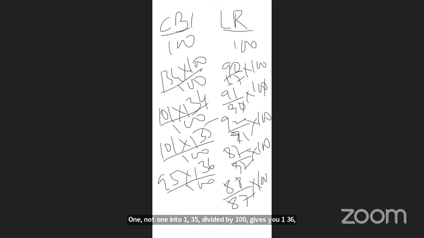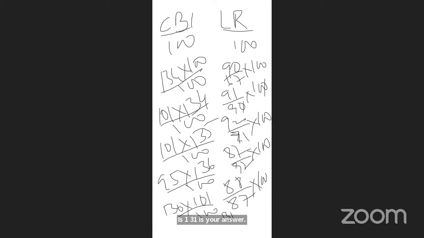So into 95 divided by 100 gives us 130. Then 88 divided by 87 into 100 gives you 101 divided by 100 into 130 divided by 100 is 131, your answer here.